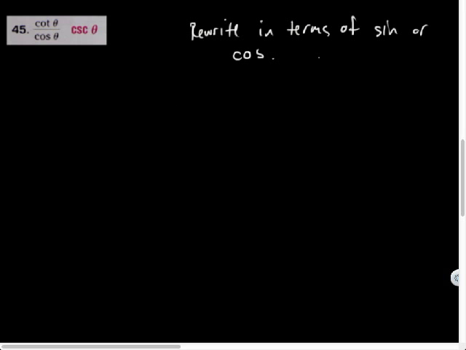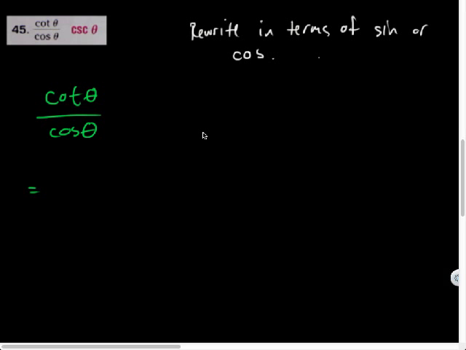So I'll rewrite this problem if the computer will still let me. Cotan theta over cosine theta. I'm going to rewrite some of these. So for instance, cotan theta, how could I rewrite that in terms of sine or cosine? Which identity is going to help me do that?